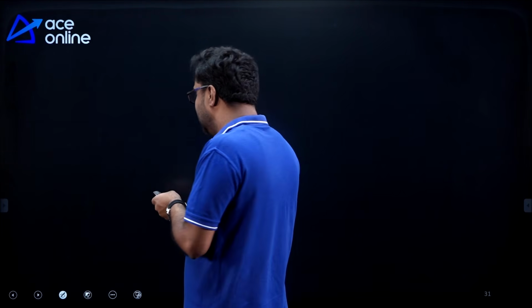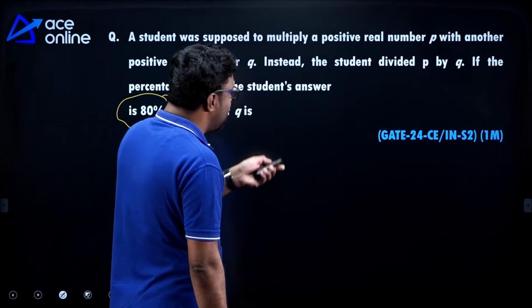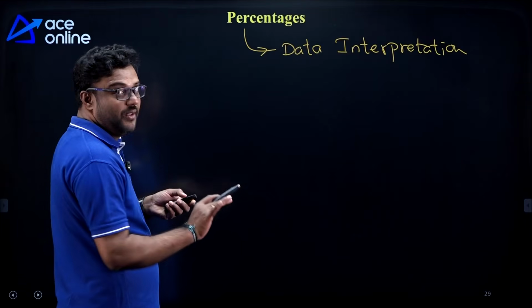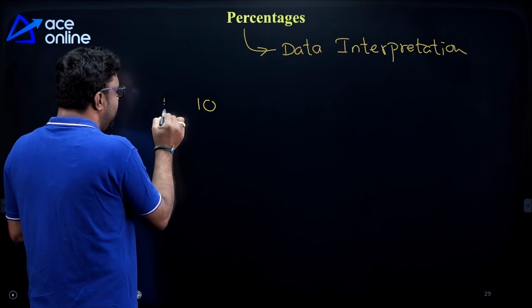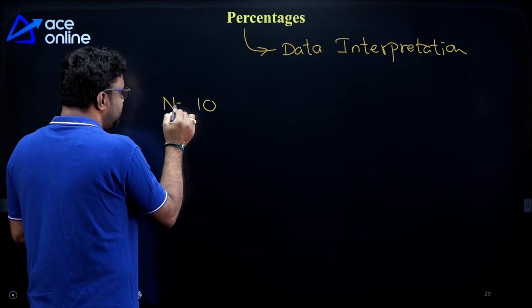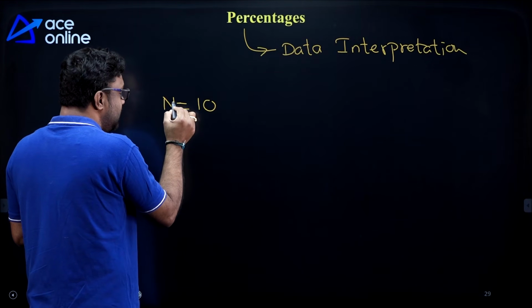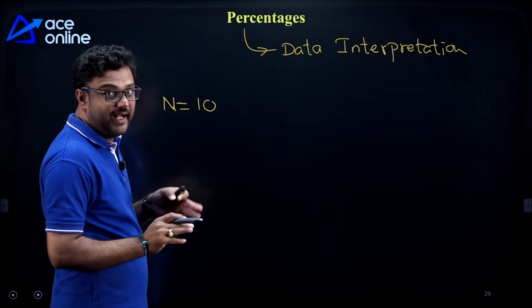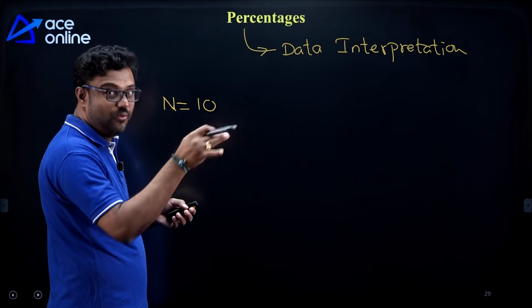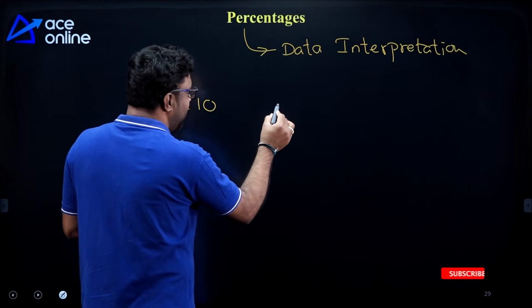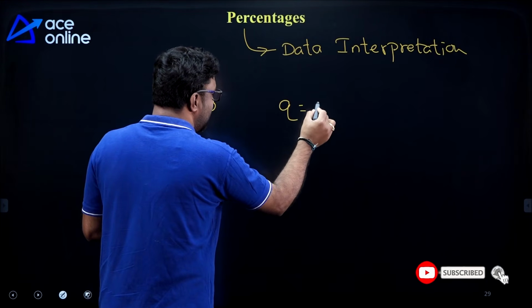Now listen, before going for this question, I just want to explain percentage error. Let us say you have a number 10. I'm not discussing that question; I'm discussing a similar question to get the idea better. You have to multiply by q. Let's say q is equal to 2.